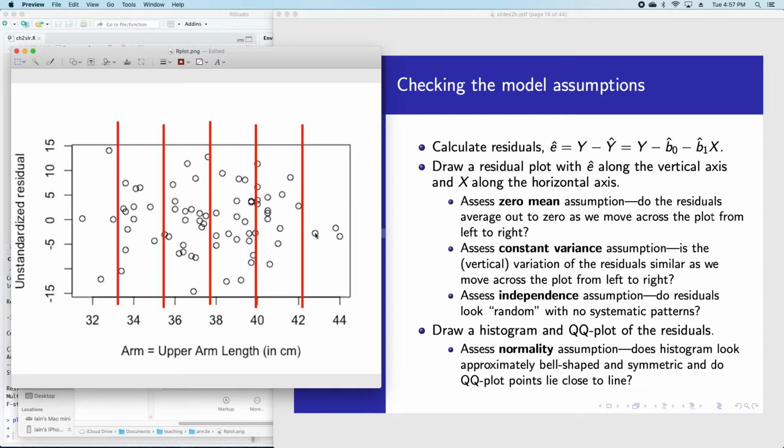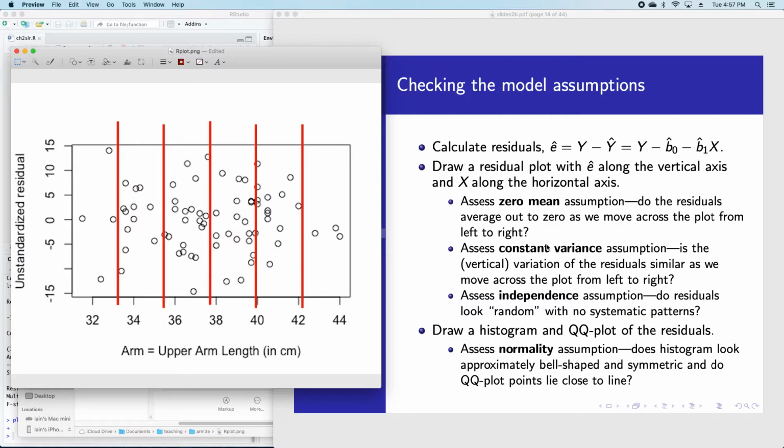And again, this last one, I'm not really going to pay too much attention to it. The variation is very narrow in this one, but there's only 3 points there, so I'm not really going to worry about that too much. Overall, is the vertical variation of the residual similar as we move across the plot from left to right? Yes, I think we can say it is.